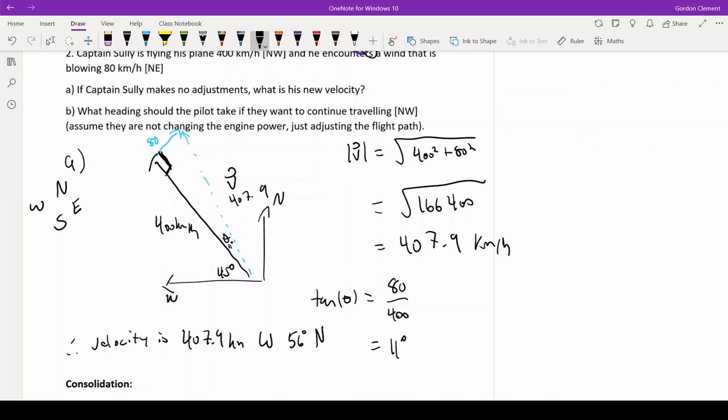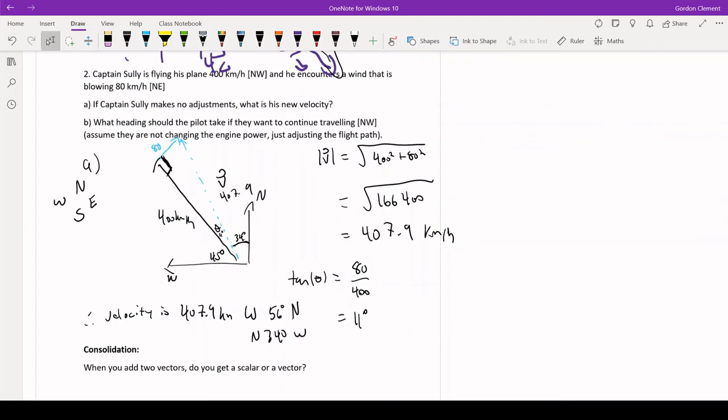That's acceptable for me. If you take physics, sometimes they always want you to do the angle smaller than 45. So you would do 45 minus 11 and get 34, I believe. So you'd say north 34 degrees to the west. Those are the two options for that.